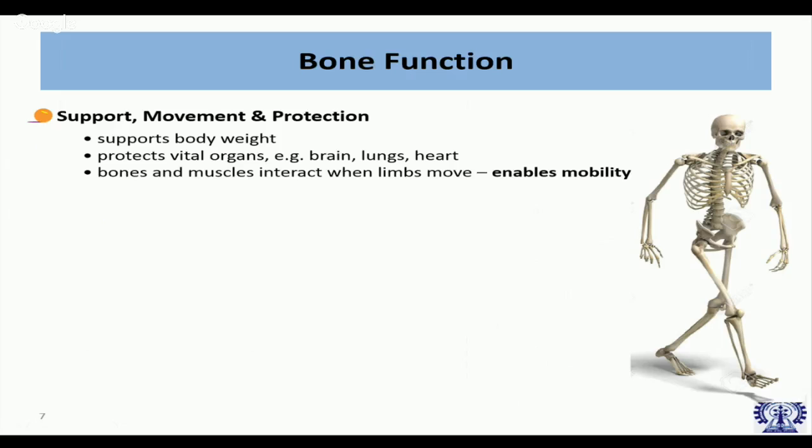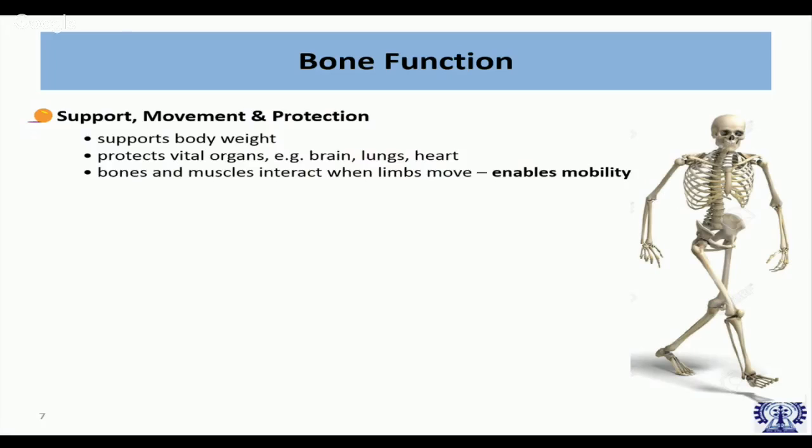So you can see that your rib cage is protecting two most vital organs, that is the heart and the lungs. And you have the skull, which is protecting your brain. So all these vital organs are being protected by the bone structure, and in conjunction with muscles, ligaments, and tendons, the bones actually enable us to perform different physiological activities.